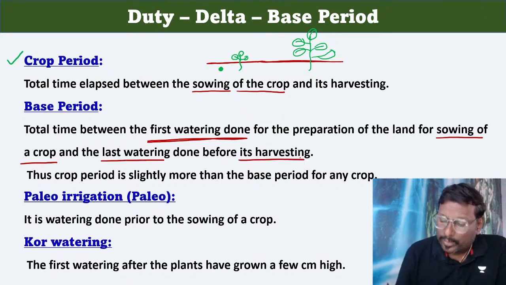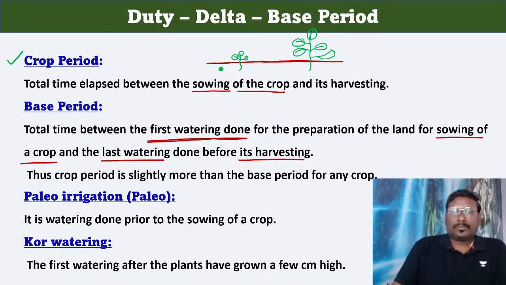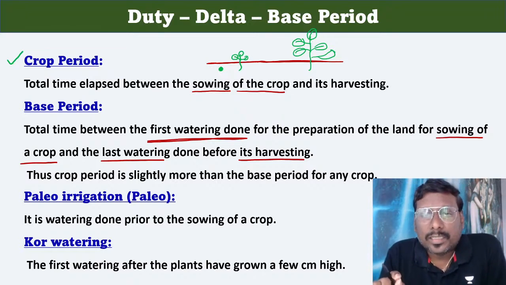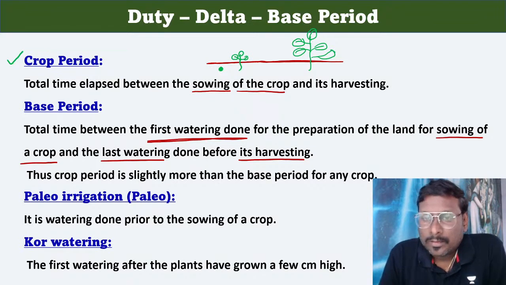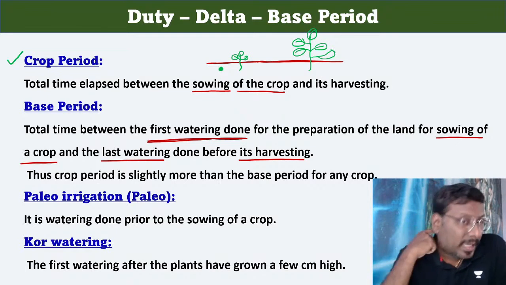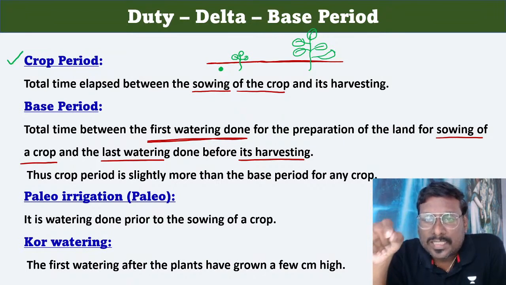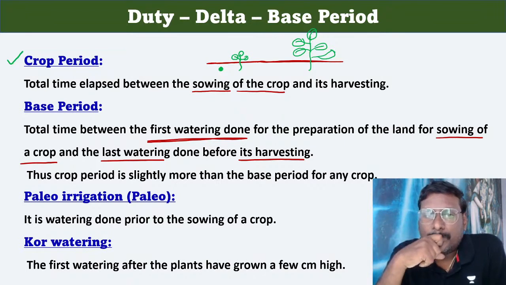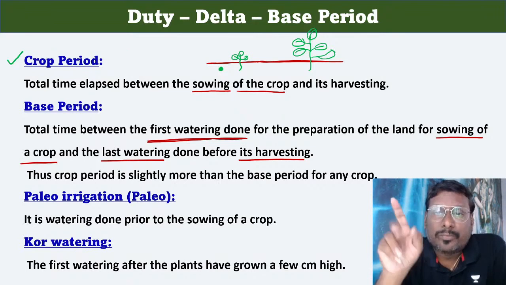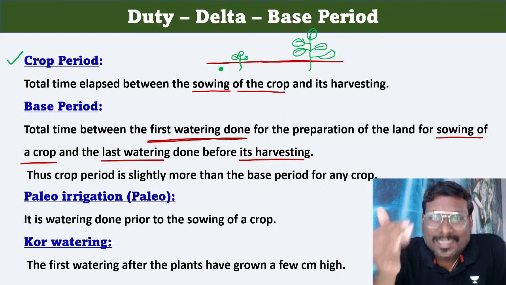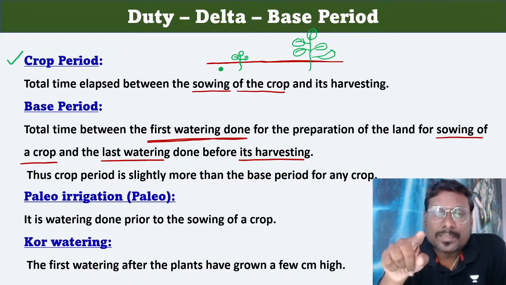First watering to last watering. First watering before sowing the seed, inoculation of the seed, but last watering before its harvesting. Not after harvesting, not at the time of harvesting, but before harvesting.